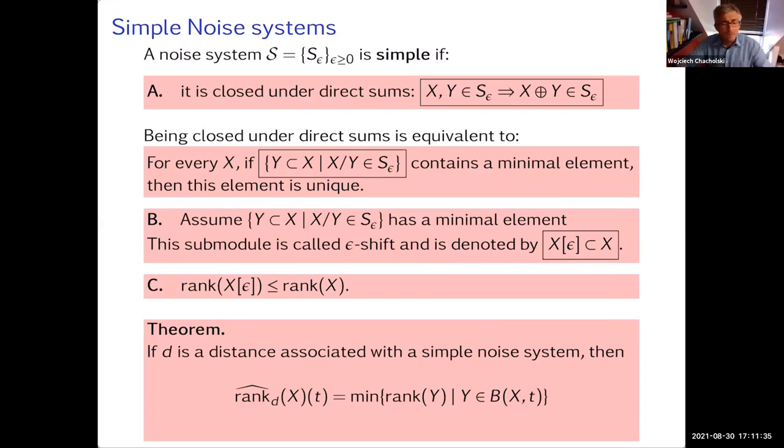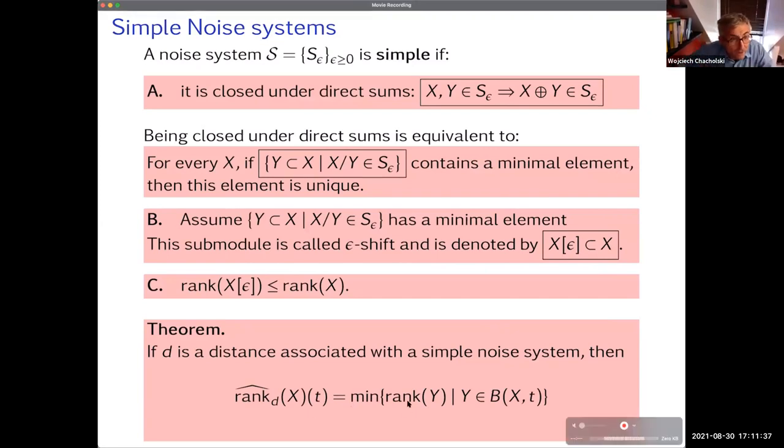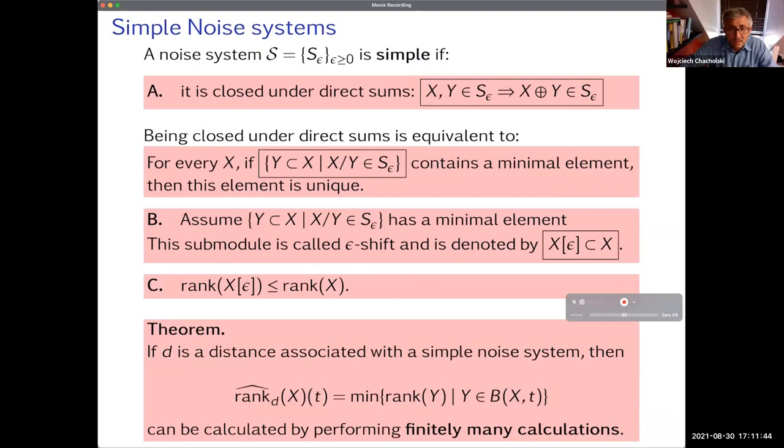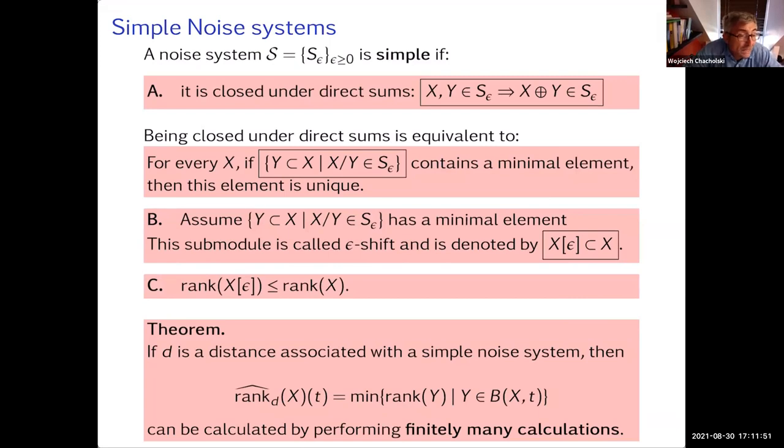But for this particular invariant and for a noise system which is simple, the theorem states that this stable rank can be calculated by performing finitely many calculations. I do not know whether that's true for arbitrary noise systems. It has to be simple, and it has to be this rank invariant.